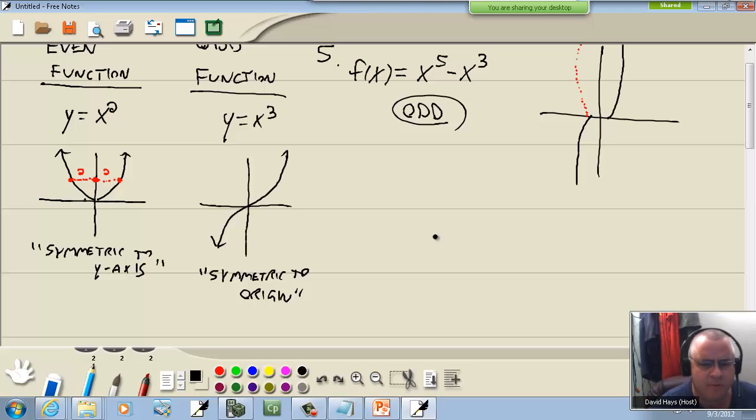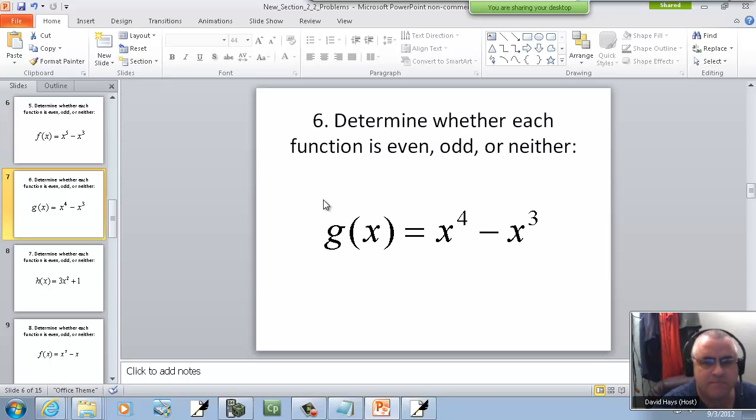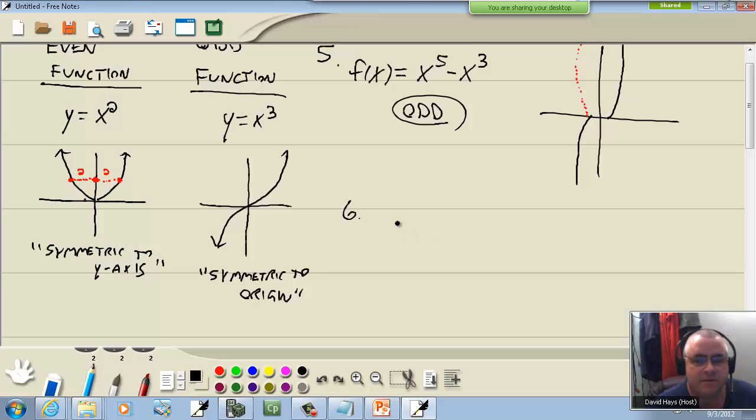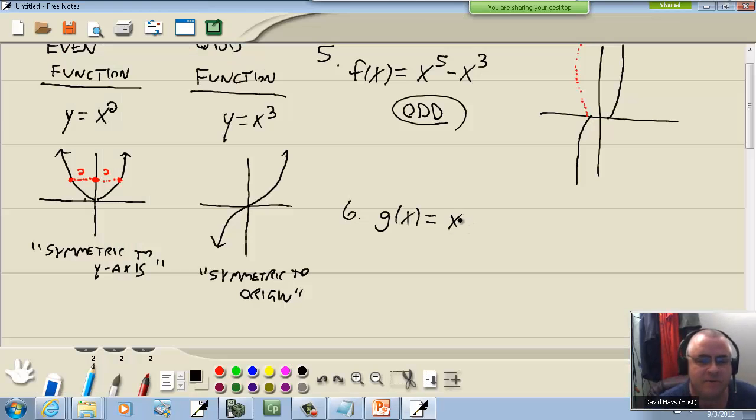We'll look at one more using the calculator, and then I'm going to talk about how to do those by hand. Actually, maybe I'll look at two more, and then I'll talk about how to do them by hand. So I think that this one's neither, I believe. So we got x to the fourth minus x to the third.